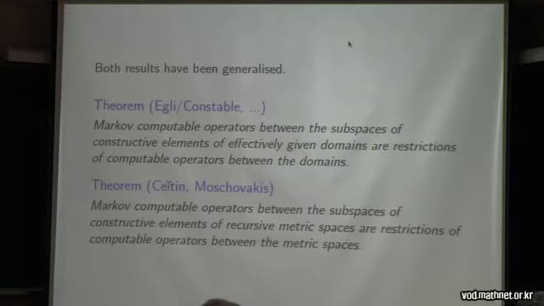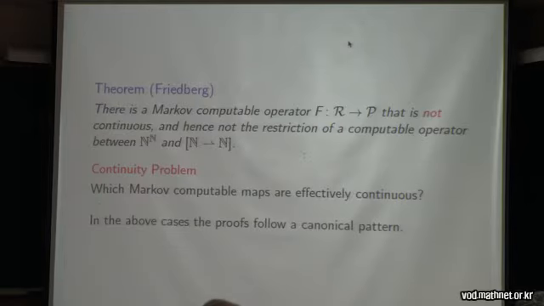But there is a result by Friedberg, which says there is a Markov computable operator from the total recursive computable functions into the partial computable functions that is not continuous, and hence not the restriction of a computable operator between the total functions and the partial functions on N. You remember, computable operators implied that they have to be effectively continuous.